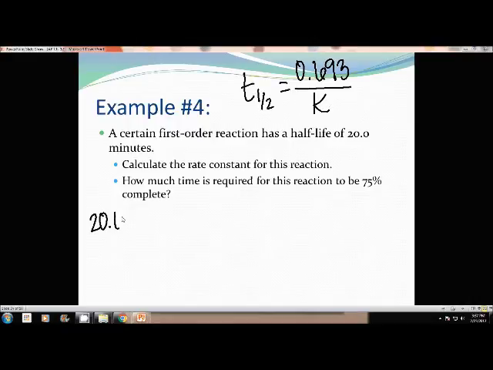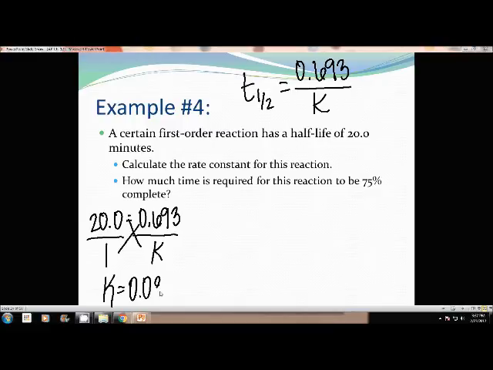So I'm going to plug in my 20 minutes is equal to 0.693 over k. So you can think about that as cross multiplying if you want to. But k, I get to be 0.03465. And then I'm going to put a unit of per minute because the time was in minutes. Okay, so that's one of our answers.